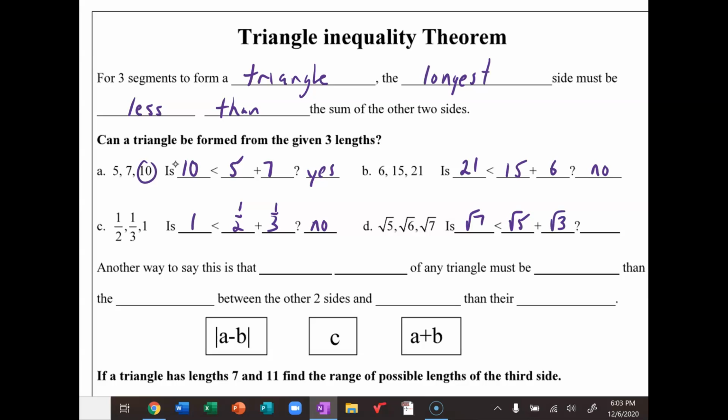So when I put these in a calculator, I see that rad 7 is about 2.6, and I see that rad 5 is about 2.2. And I see that rad 6, I don't know why I put rad 3 there, this should be rad 6, is about 2.4. And now I can say, yeah, 2.6 is less than the sum of these two.